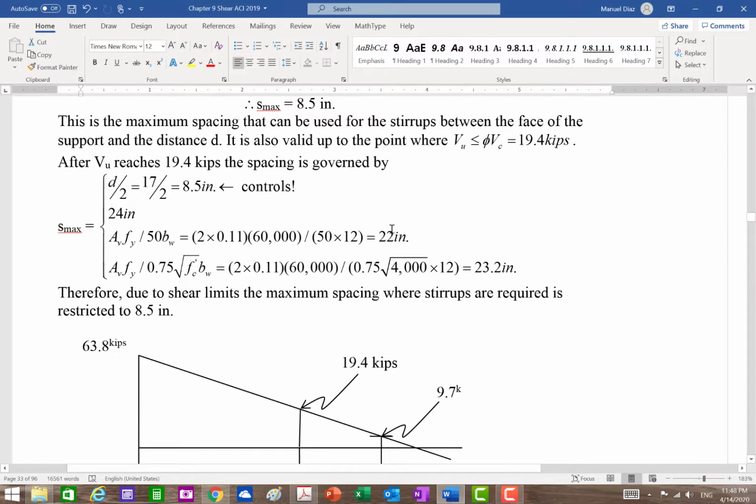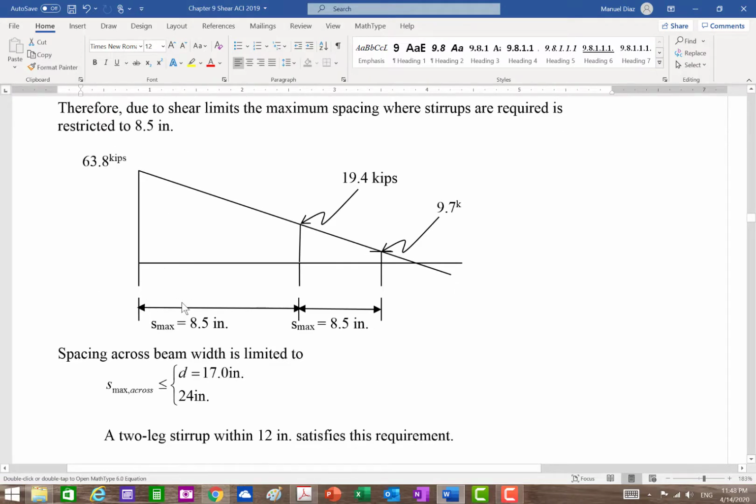Okay, 22 is the minimum, and that controls. But out of the 4, you have to pick 8.5. So that means that 8.5 is the maximum that you can use from this point all the way to 9.7. Okay. Spacing across, that's easy. That's again 17 inches, which is your D. You have 12 inches only width, definitely satisfied.